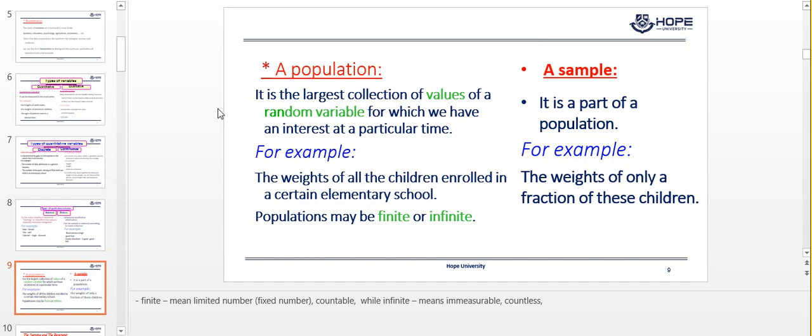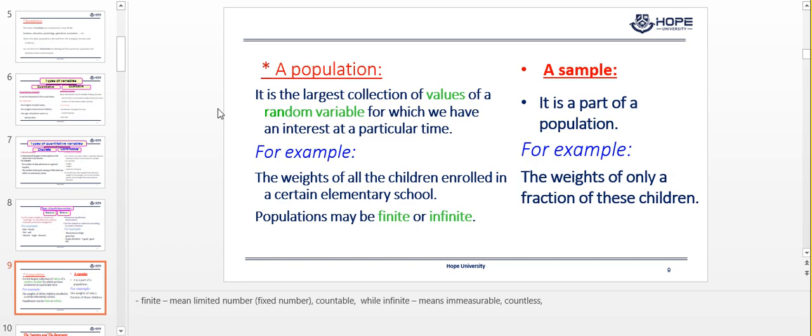Also, when we are counting data, we face the question of in which way we can collect the data, either from the population or from a sample. Population is the largest collection of values of a random variable in which we have interest at a particular time. It takes large numbers to count in a simple way, like the weight of all children enrolled in a certain elementary school.